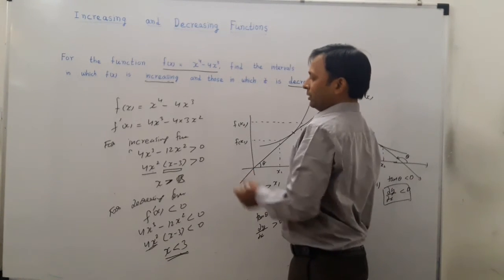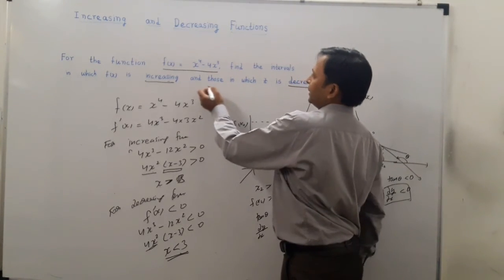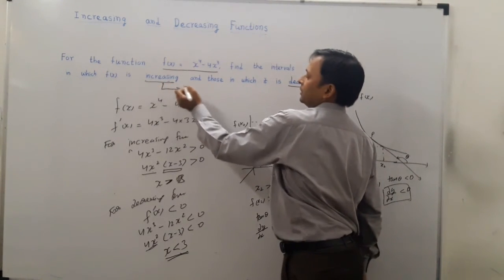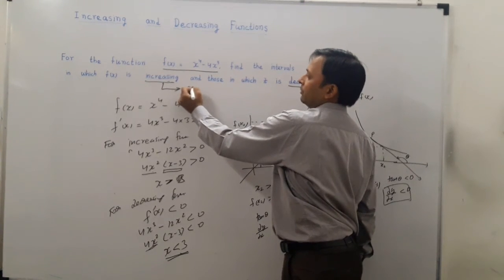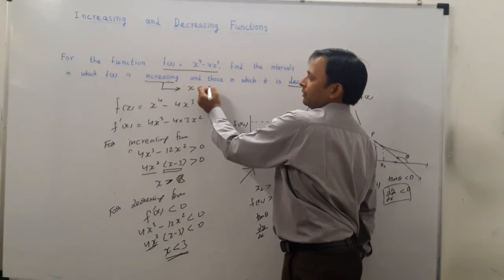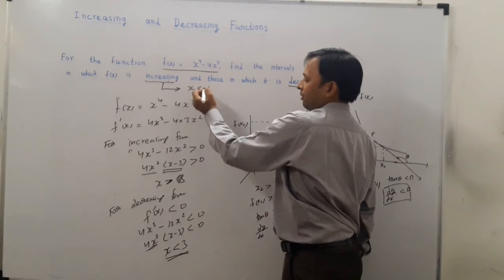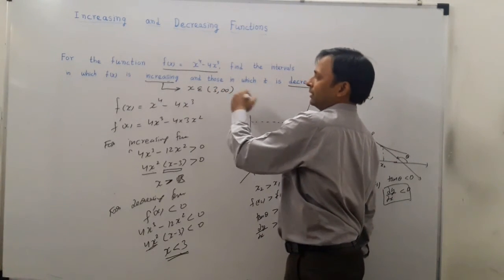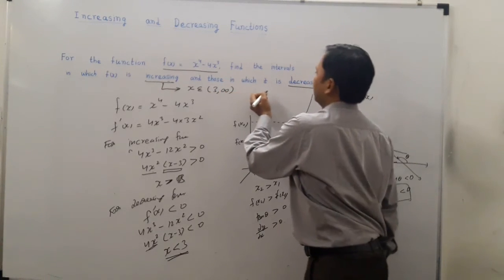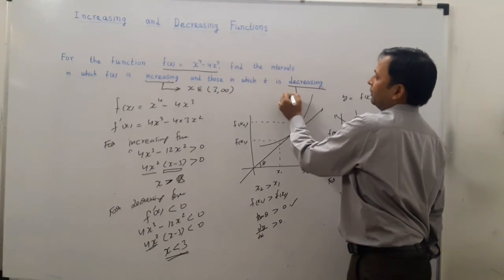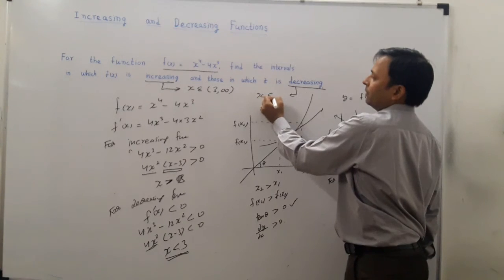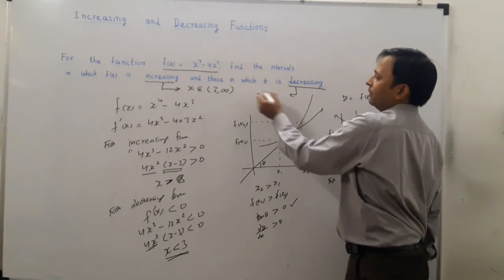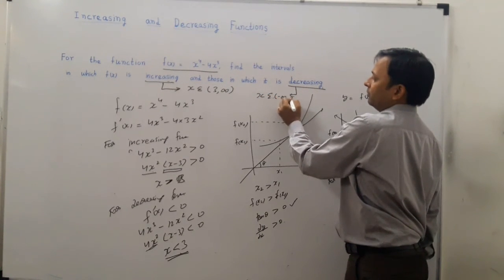So what can we conclude? We can conclude that the function is an increasing function for all the values of x which are greater than 3. But for a decreasing function, x should belong to the interval from minus infinity to 3.